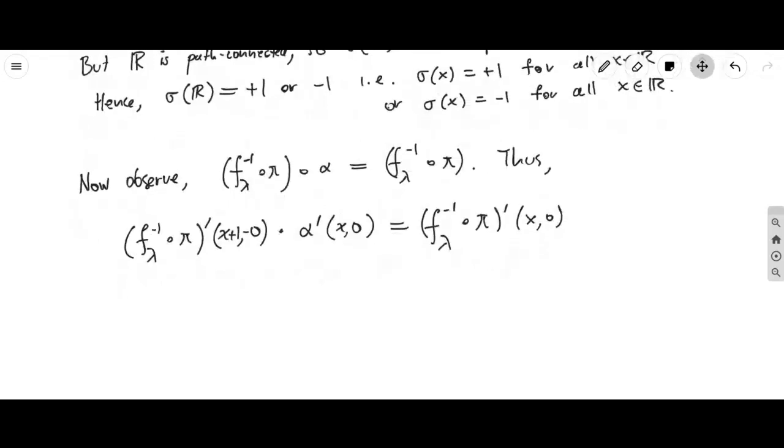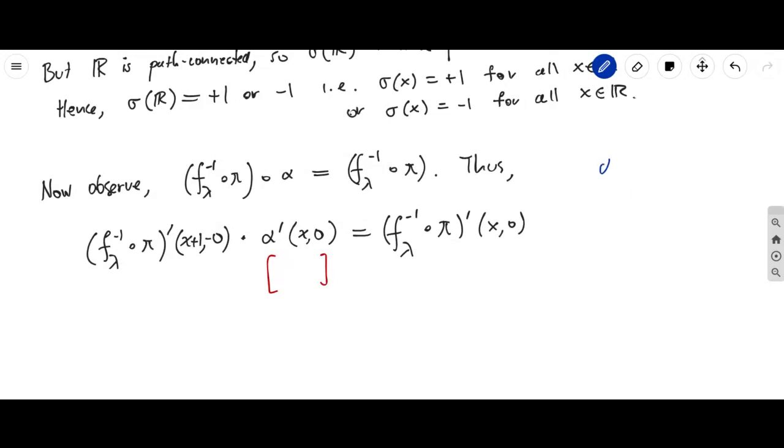Okay, now let's compute. I'm going to keep these the way that they are, and let's calculate what this is. So this is going to be a matrix, a 2 by 2 matrix. Let's work it out right over here.